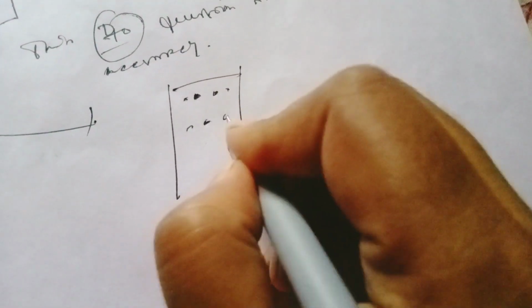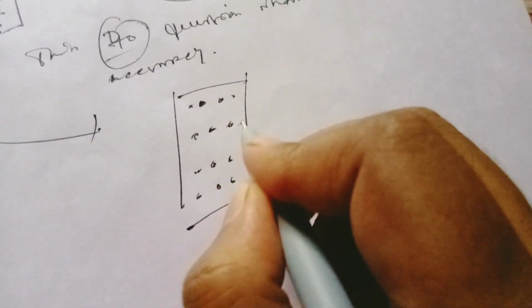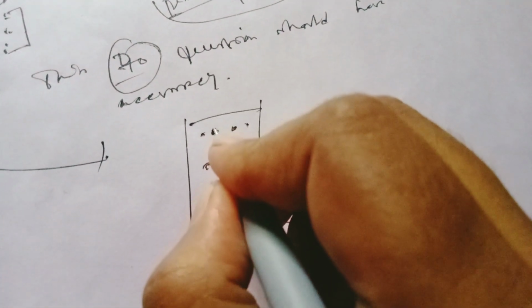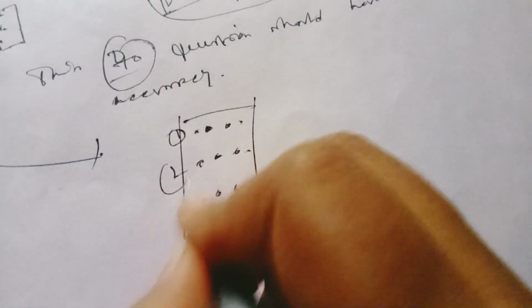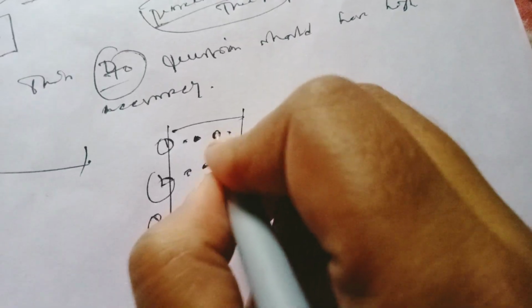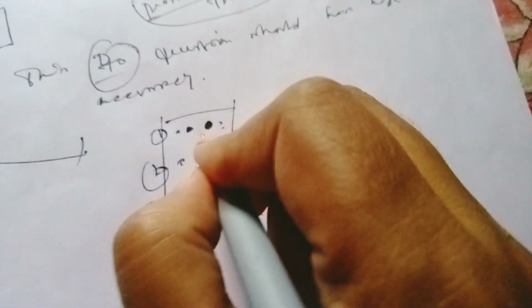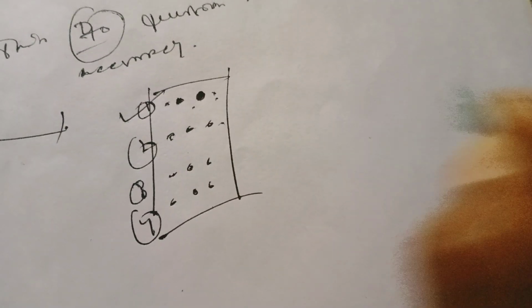While you are circling the OMR, suppose this is question number 1, 2, 3 and 4, and you circled C, and you are 100% sure, then just mark it with this.